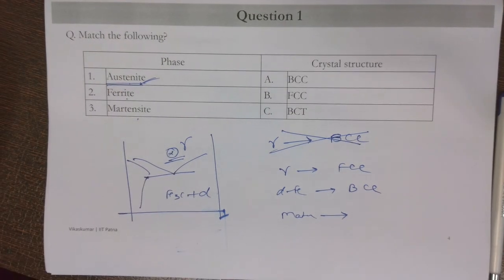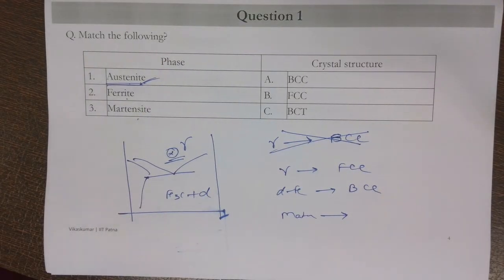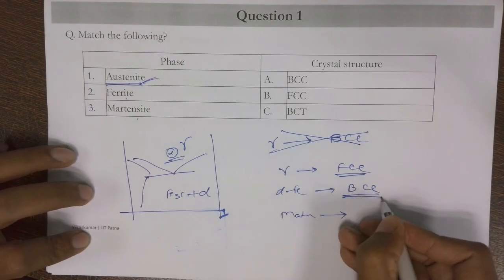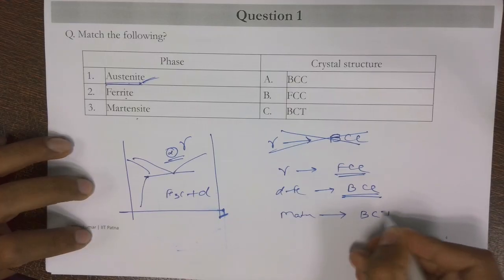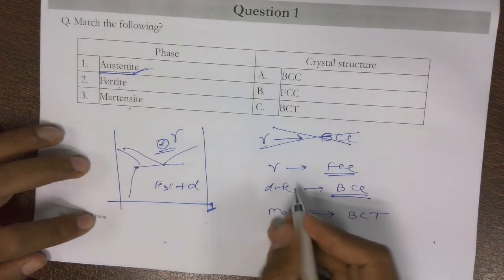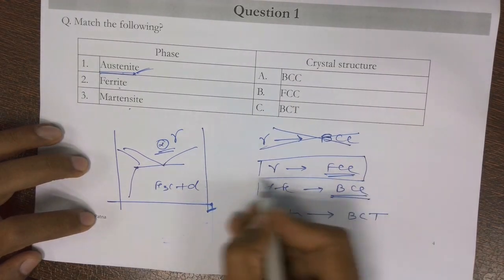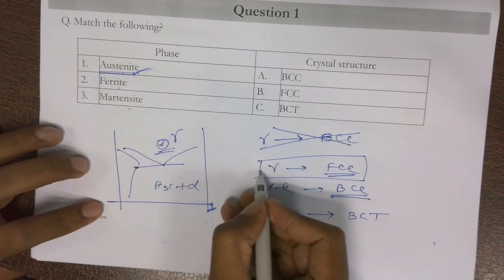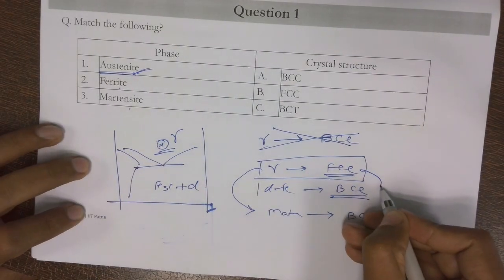Austenite is FCC, and then we have BCC, and martensite is BCT. We know that when fast cooling, quenching, we will get BCT. When we are doing slow cooling of the austenite, we are getting BCC. BCC is body-centered cubic, BCT is body-centered tetragonal.